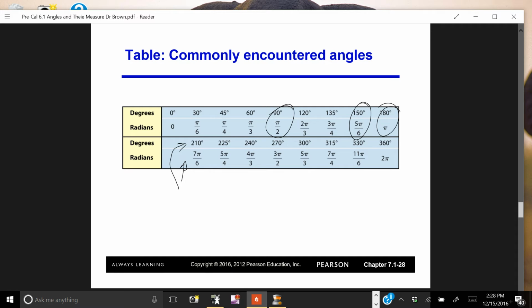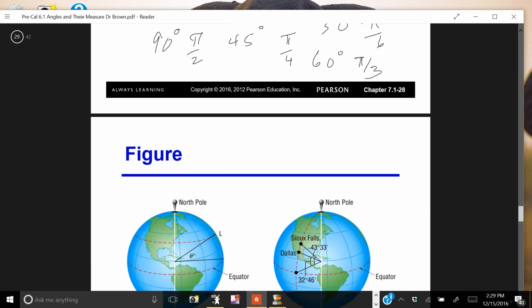So as you do more and more of these problems, you'll begin to realize things like 90 degrees is pi over 2, 45 degrees is pi over 4, 30 degrees is pi over 6, etc. 60 degrees is pi over 3. So the more trig problems we work, the more you'll understand the conversion between angles in radians and angles in degrees.